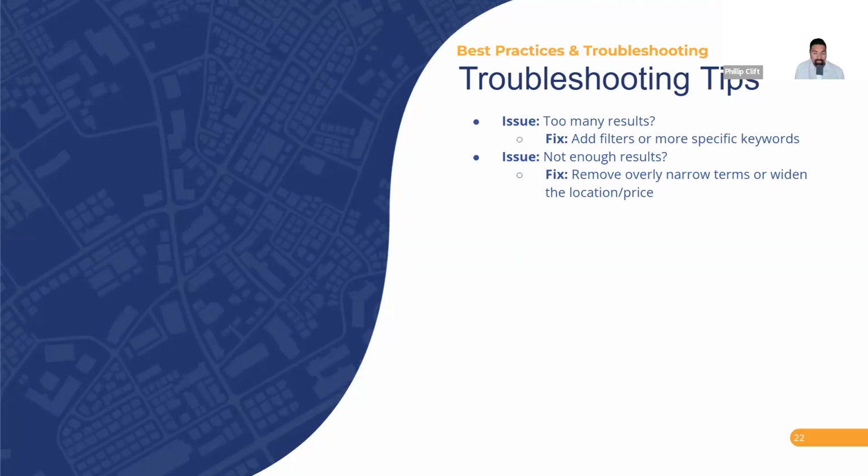Whereas if you widen that, maybe it's just farmhouse, energy efficient, widen the net, and then you can always refine it back. Also, one thing to keep in mind here is regional listing language can vary. So switching your terminology slightly may yield better results, especially if you're working in multiple MLSs or across different regions, right? And you have a regional MLS, for example. Switching your terminology might get you more results.